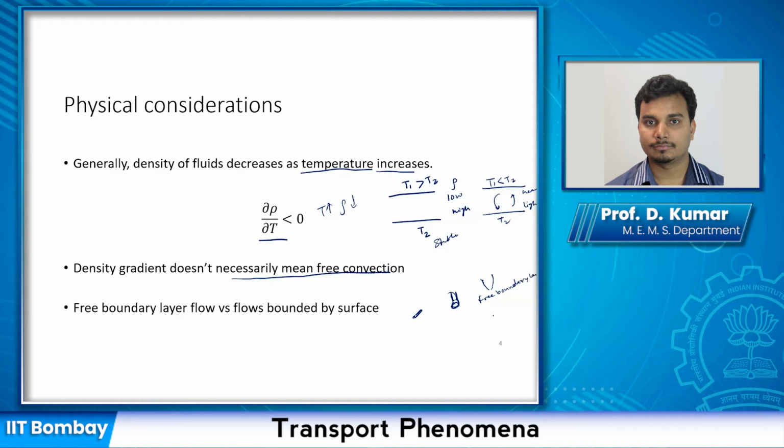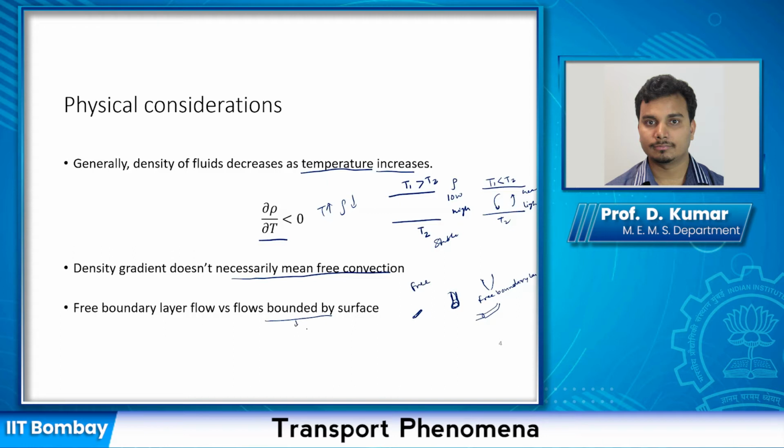Similar thing could happen if you have a jet, where hot fluid comes out and just goes up. If you look at this part, there is no boundary layer. This is in contrast to a flow that is bounded by a surface. This is free.